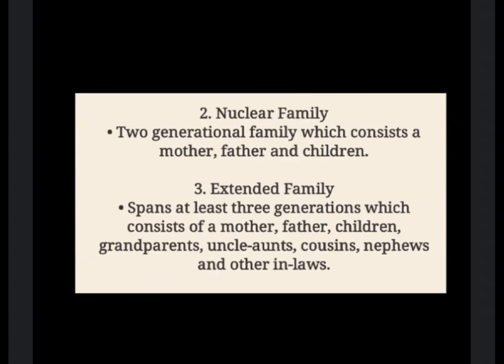Next is the nuclear family. It is a two-generational family which consists of a mother, father, and children. Next is the extended family. It spans at least three generations, which consist of a mother, father, children, grandparents, uncles, aunts, cousins, nephews, and other in-laws.